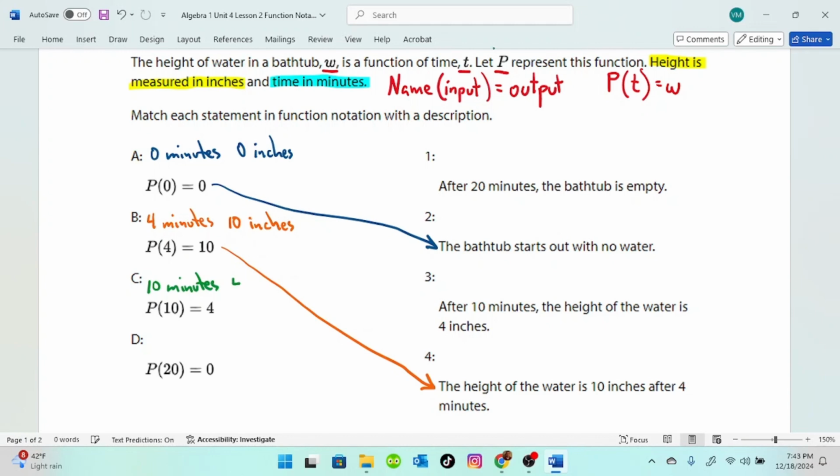So we have 4 inches. And when I look at my remaining choices, number 3 says after 10 minutes, the height of the water is 4 inches. So C matches number 3.